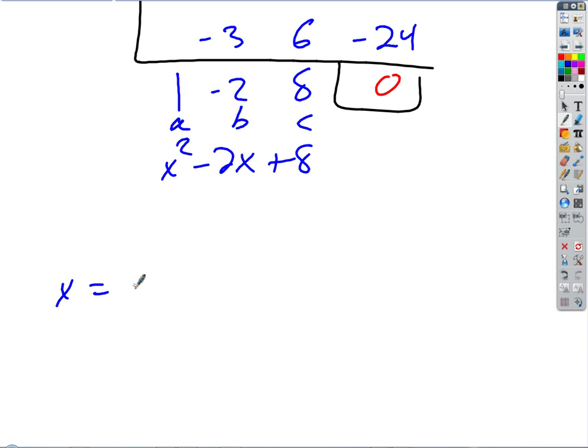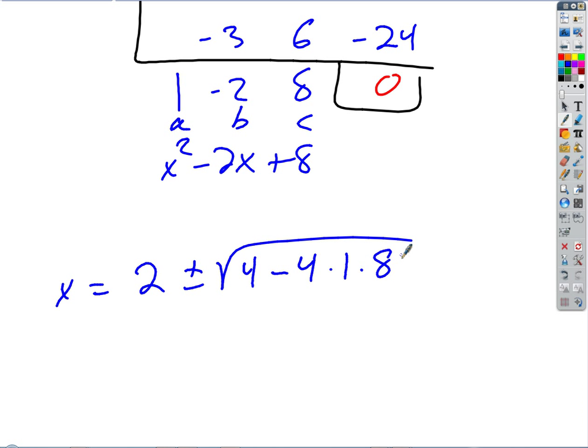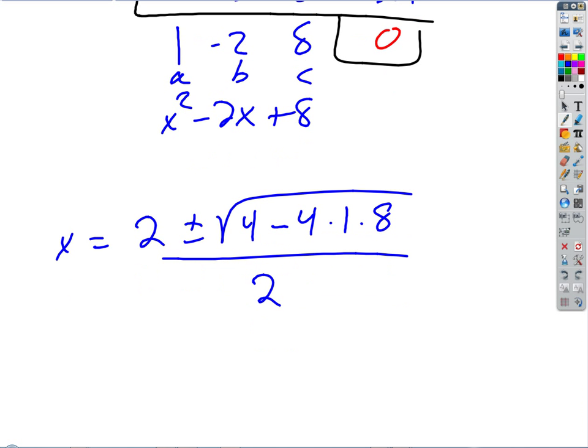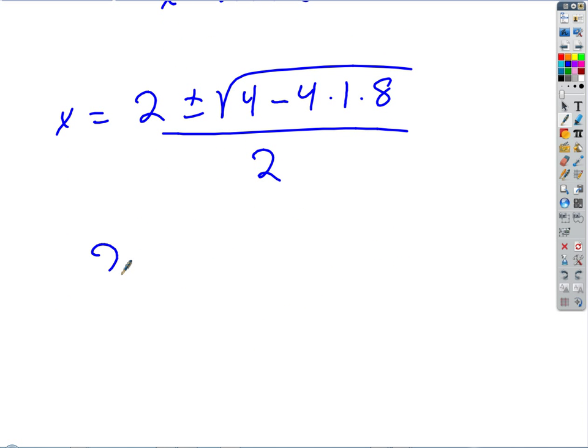So I get negative B is 2 plus or minus the square root of B squared would be 4 minus 4 times 1 times 8 all over 2A, right? And that's going to give us 2 plus or minus the square root of 4 minus 32 is negative 28.